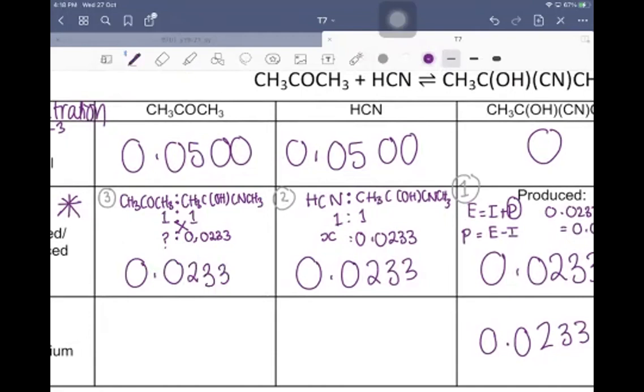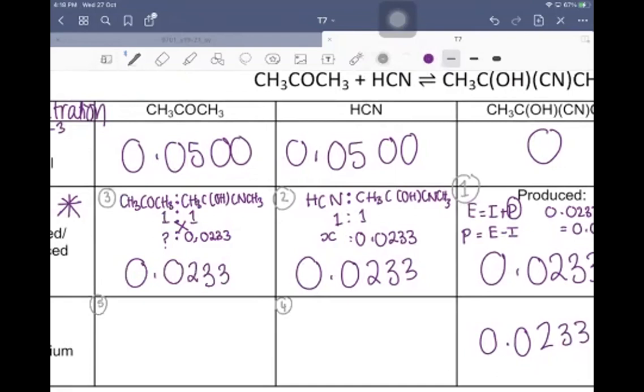Step 4 and step 5 are working out the concentration at equilibrium, based on how much you started with initially and how much reactant has reacted in the reaction.